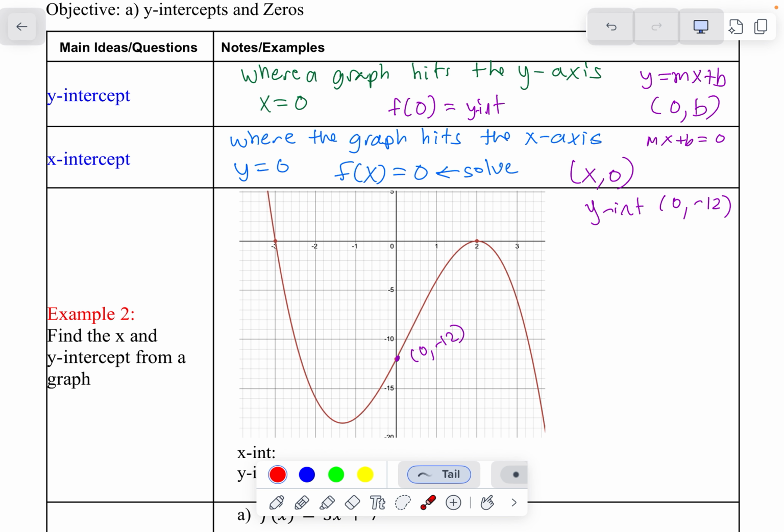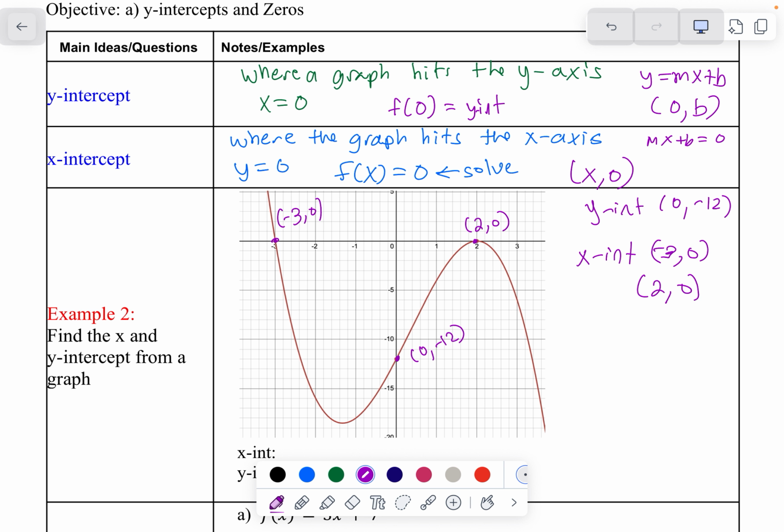Okay, let's look at our graph. This is an x-intercept, so that is the point (2, 0). This is an x-intercept, that is the point (-3, 0). So the x-intercepts are (-3, 0) and (2, 0).